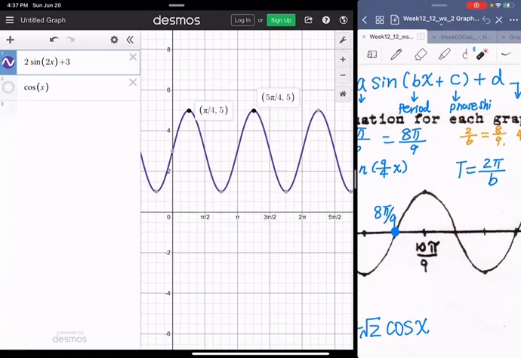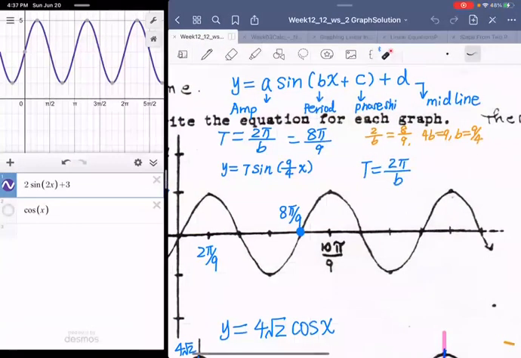So if you define capital T as your period, T equals this. If you put a number here as b, as a coefficient, your T is 2 pi over b. Okay. Don't worry about the c.